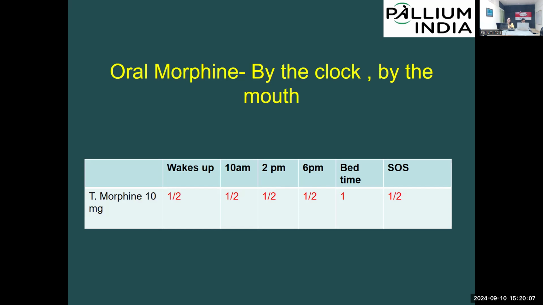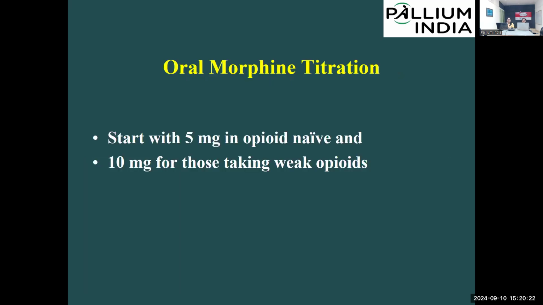This patient came to your unit where you had IV morphine. Suppose the patient comes to a setting where you have only oral morphine. How do we go about that? In patients who are new to opioids, we usually start with 5 milligram of oral morphine every 4 hourly, 10 milligram at night and 5 milligram as SOS dose.